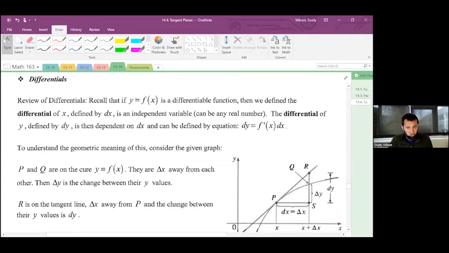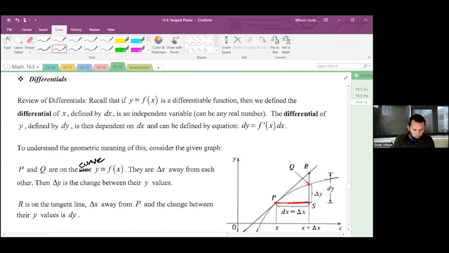To understand the geometric meaning of this, consider the given graph. So P and Q are on the curve y equals f of x. So here's our P, here's our Q, point right there. They are delta x away from each other in the x direction.